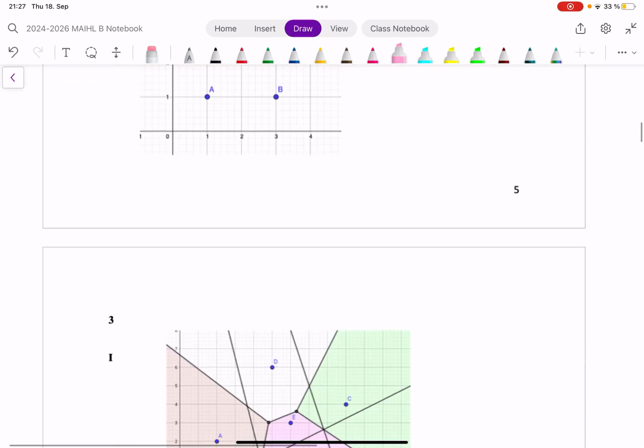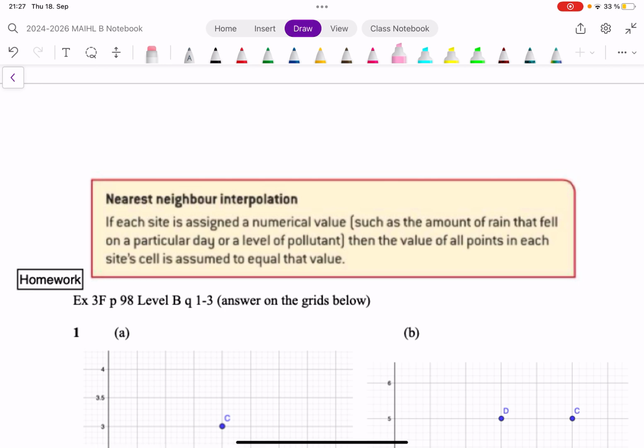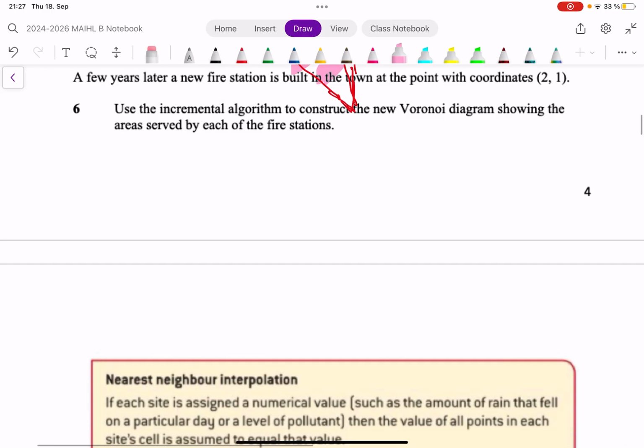Yeah, so then kind of the last part to talk about is just this nearest neighbor interpolation. It says each site is assigned a numerical value, such as the amount of rainfall that fell on a particular day or level of pollutant. Then the value of all points in each of the site's cells is assumed to equal that value.